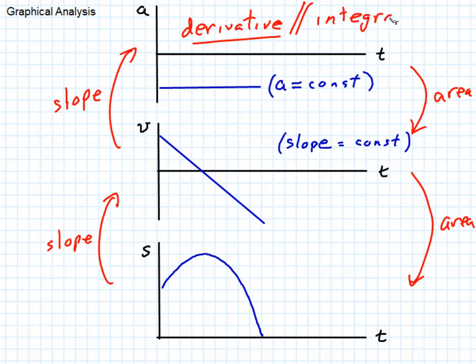It sort of makes sense not to call it area, because area should have units of meters squared or square feet, whatever. But here the area under this kind of graph is a velocity, and the area under this kind of graph is a displacement or position.